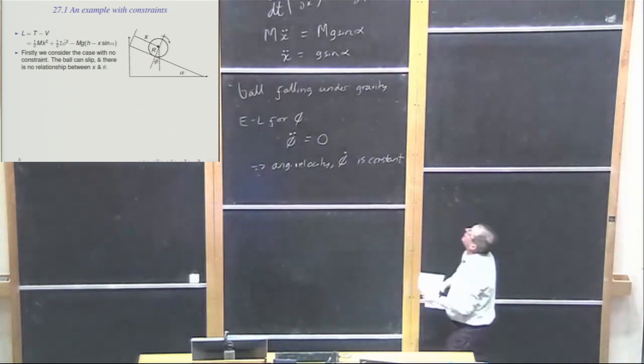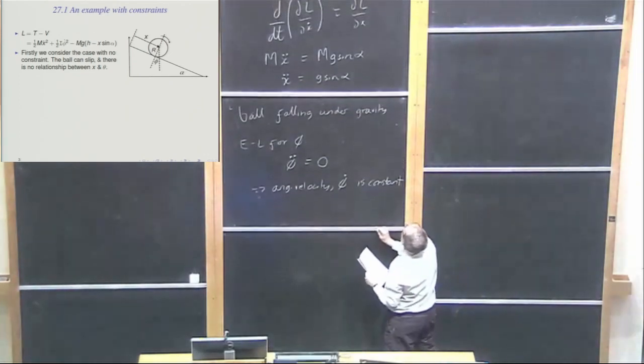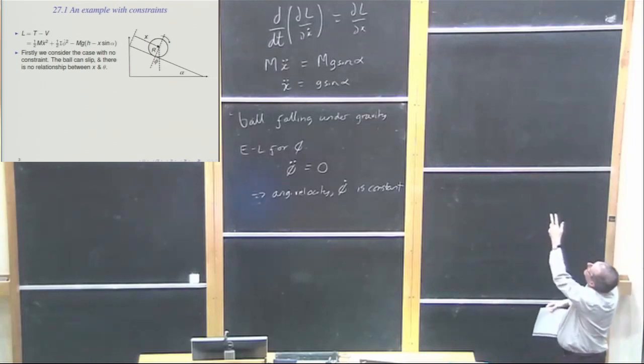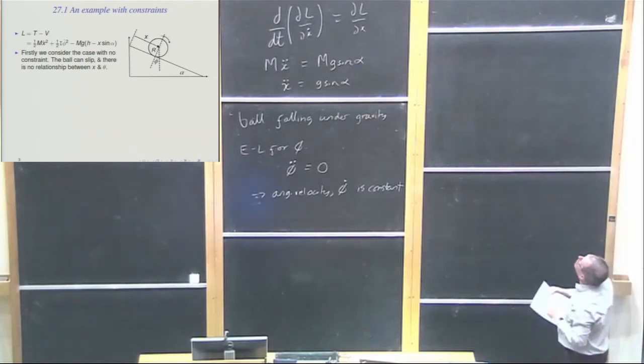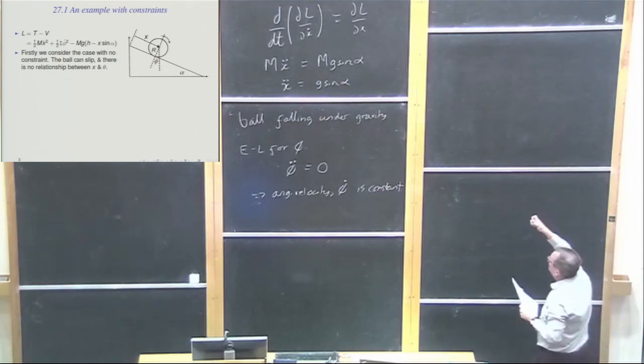And to remind you of the discussion we had yesterday, we could have actually appreciated that without doing any maths by just looking at the form of the Lagrangian and seeing that it doesn't actually depend on phi, it only depends on phi dot.